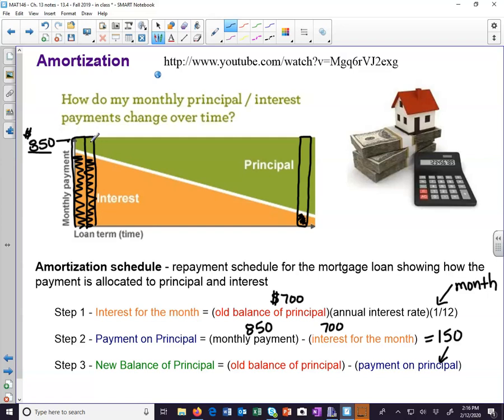Most of it's gone just towards interest, just paying the bank or loan company back for letting you borrow the money. So you really have to get farther along, somewhere down here, where you start to see the interest decreasing and the principal increasing, so you're really starting to put more of your money into the principal, which means you own more of your house.